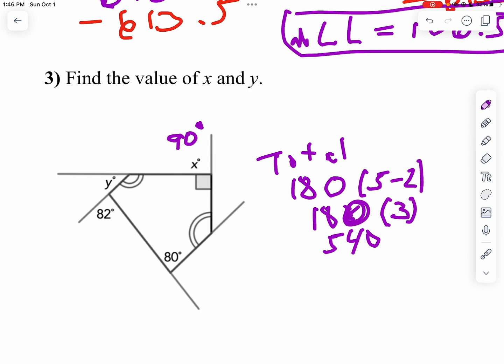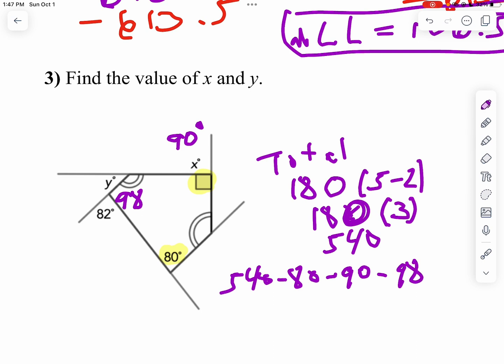Now, we already know my 80-degree angle and my 90-degree angle. In fact, we know the other angle too, because if you take 180 minus 82, you get 98 degrees for this angle right here. So if we take 540, we subtract 80, subtract 90, subtract 98.